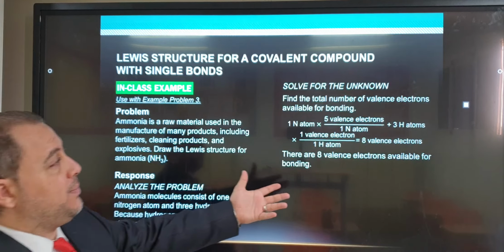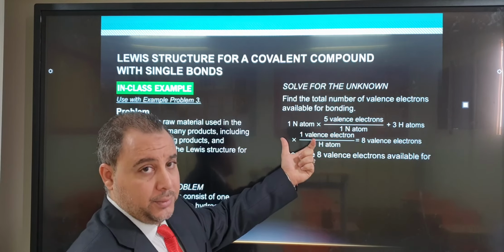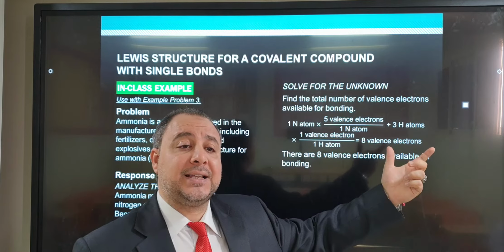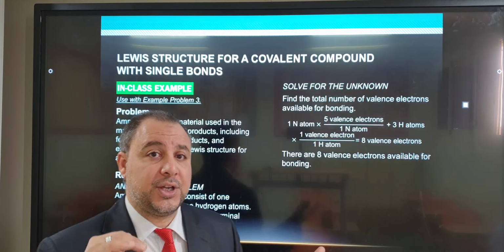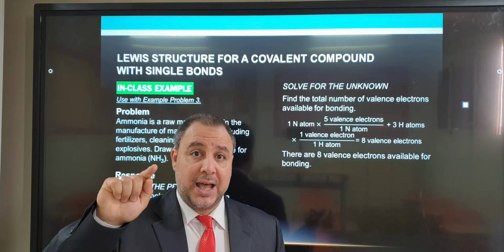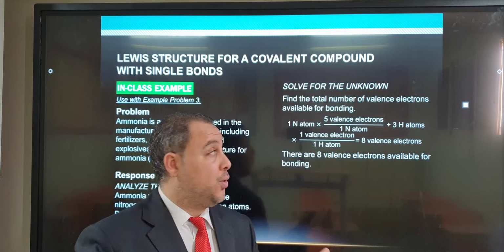Okay, find the total number of valence electrons first. How? 1 nitrogen atom times 5, because nitrogen has 7 electrons, so its configuration is 2, 5, and according to the octet rule the outermost energy level of nitrogen has 5 electrons only.